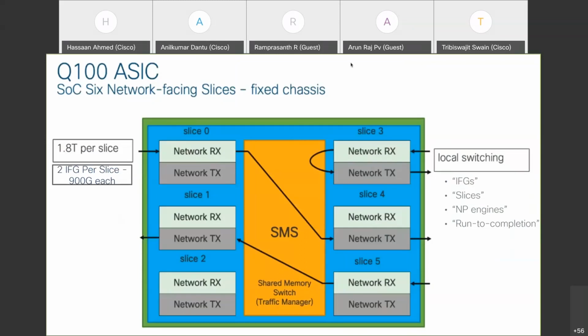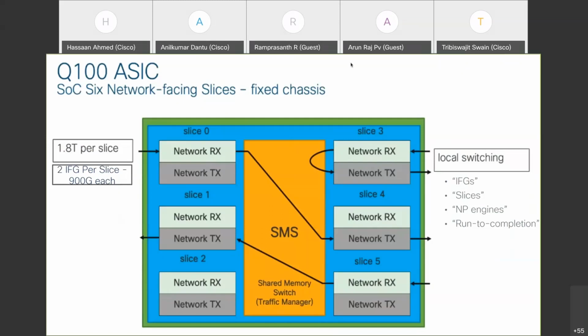Each of the slices acts as a network facing interface. So all your optics are connected to the slices. And you have your local CPU where you will be installing your XR image, but all your packet processing will be done by the NPU itself. And there is no fabric. So the NPU is acting as a system on a chip.